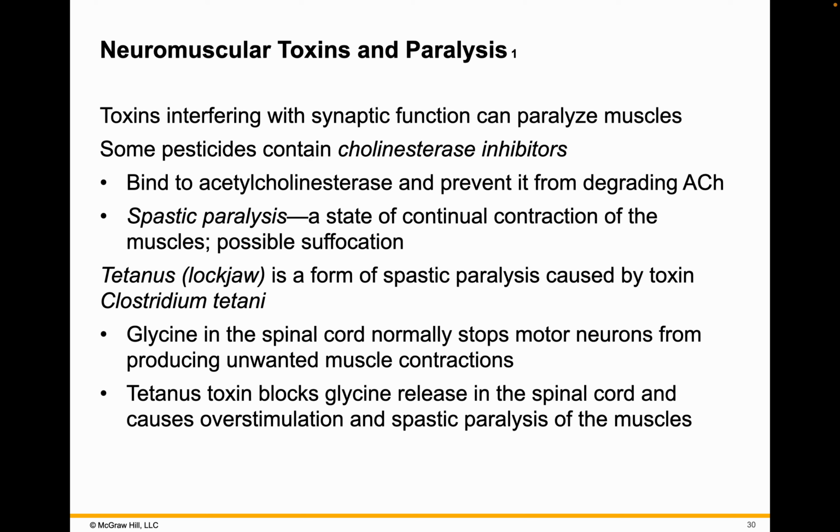Tetanus, or lockjaw, is a form of spastic paralysis caused by the toxin of Clostridium tetani. Here, glycine in the spinal cord normally stops motor neurons from producing unwanted muscle contractions, but the tetanus toxin blocks glycine release in the spinal cord and causes overstimulation and spastic paralysis of the muscles.